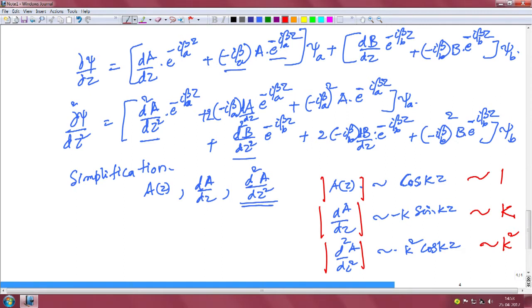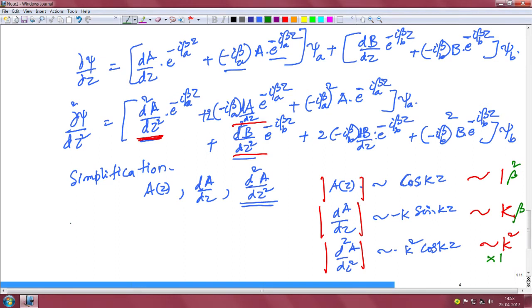And also if we look at the equations, we note that A is multiplied by 1, the first derivative is multiplied by beta, and the second derivative is multiplied by beta square.